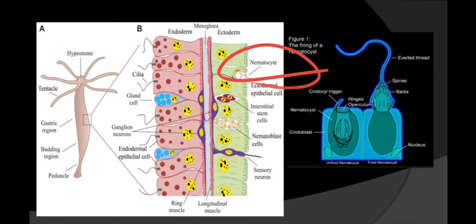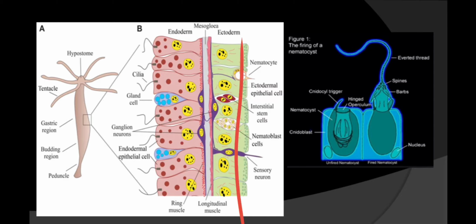Nematocyte cells are also known as nidoblasts. Then there are epidermal cells, which are epitheliomuscular type, meaning they provide protection as well as muscular movement. Whereas in the endoderm you will see glandular cells which secrete enzymes that help in digestion.